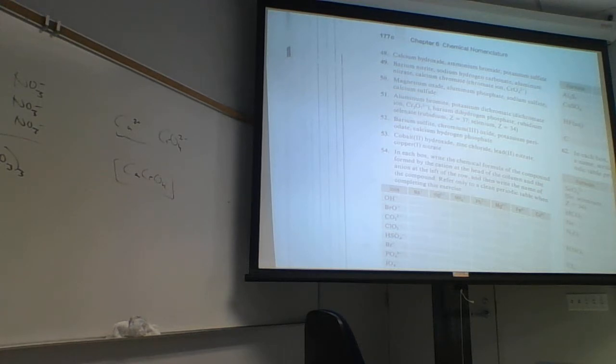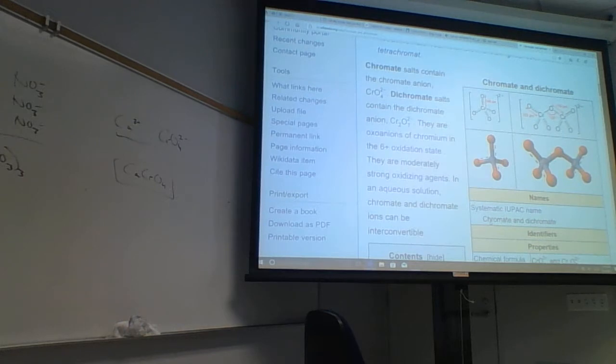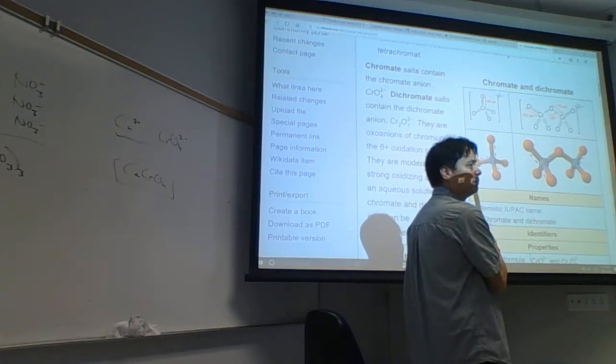When we have a Roman numeral like that, it's not the free ion, because the free ion cannot exist by itself. Sure, we can get chromium in the +6, but it has to be linked to these oxygens. Otherwise, it's way too unstable.